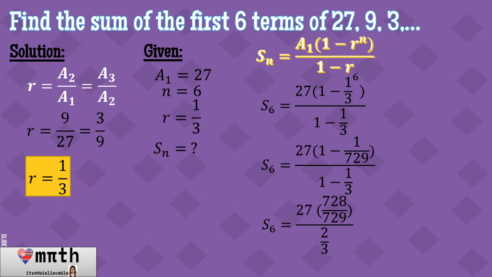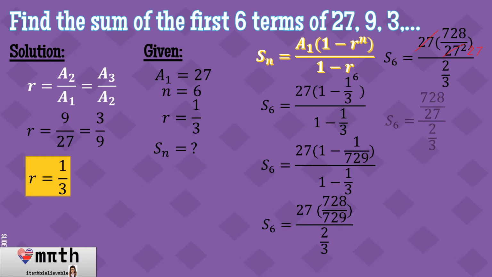From there, we can cancel out 27 by finding the factors of 729 which match with 27. The factors of 729 can be 27 raised to 2, or 27 times 27, which is equal to 729. From there, I can cancel out 27 and this 27, leaving another 27 behind since we have 27 squared.